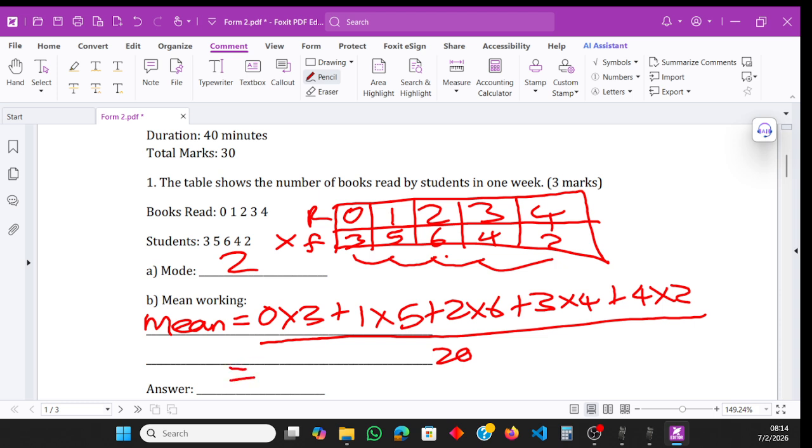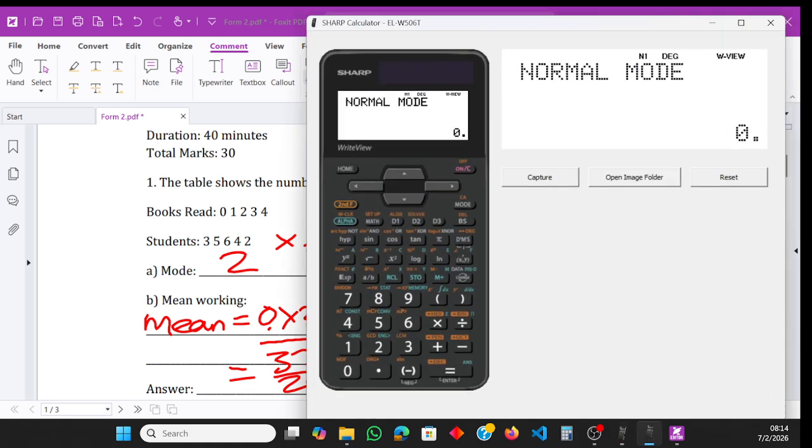Now, let me try and simplify. 0 times 3, it gives me 0. 1 times 5, that's 5, plus 12, it gives me 17, plus 12 again, it gives me 29, plus 8, it gives me 37. So I have 37 over 20. Hence, I can pick my calculator now to calculate 37 over 20.